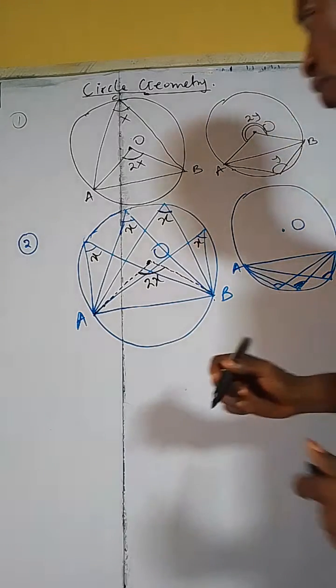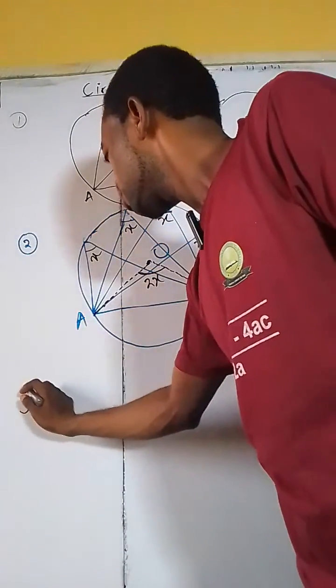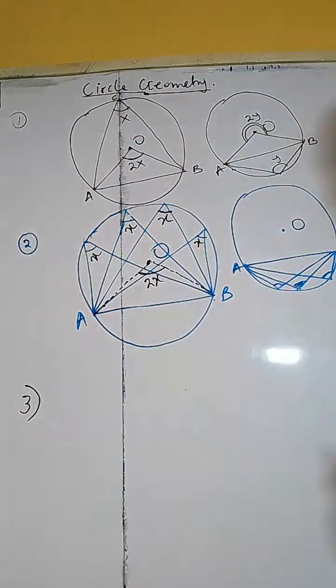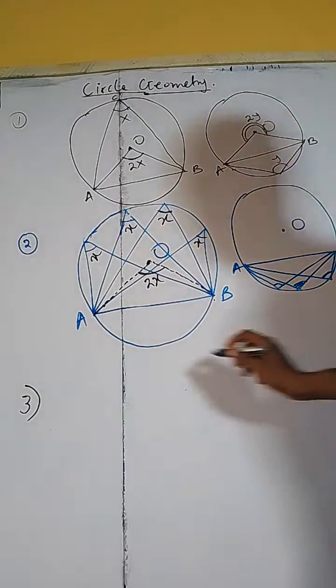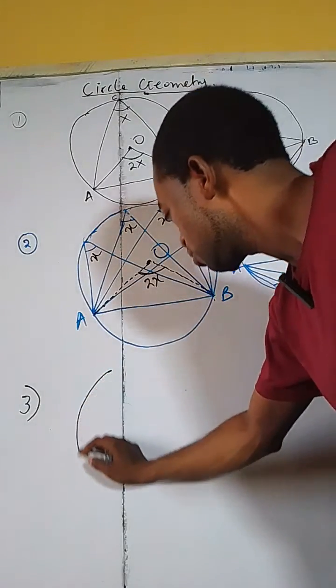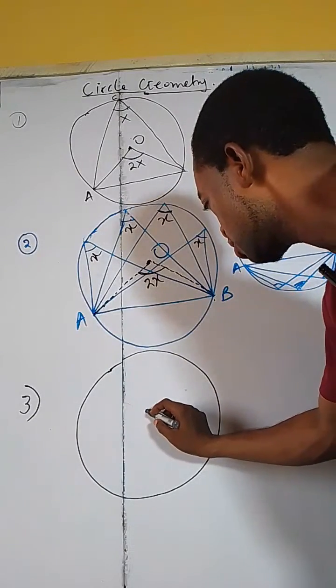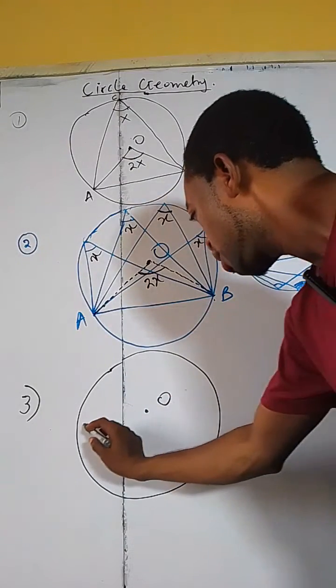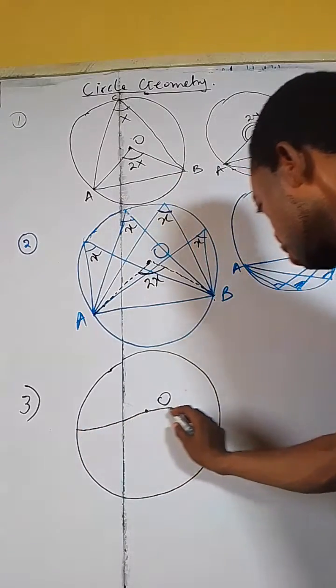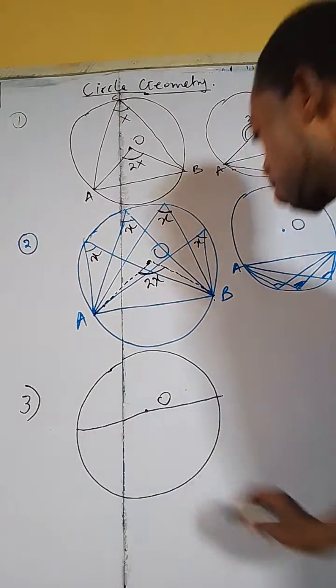Now, we also have theorem number 3 here, which is equally important. When we have a circle, center O like this, and we have a line that passes through the center, this line that passes through the center is the same thing as a diameter.